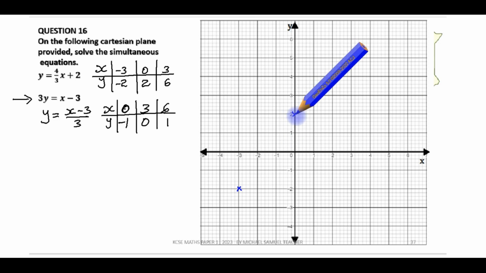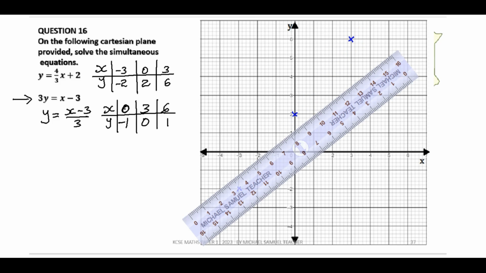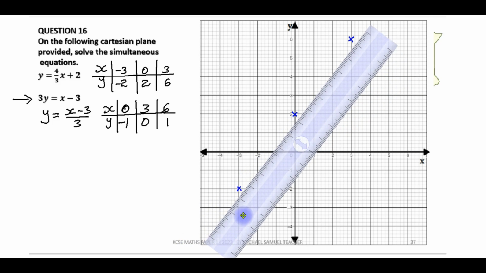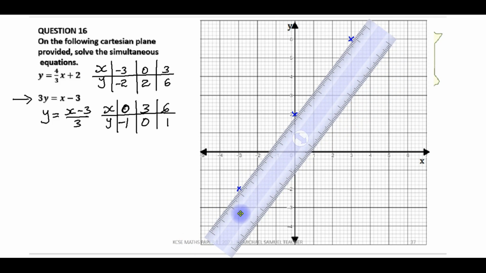This is the point. And then when x is 3, y is 6. That is the point. Therefore, we use a ruler and we join the points.